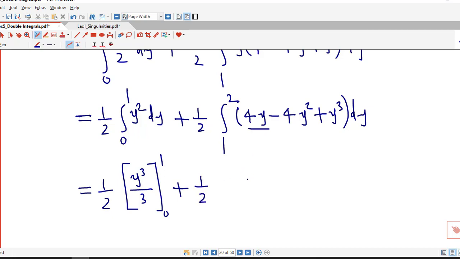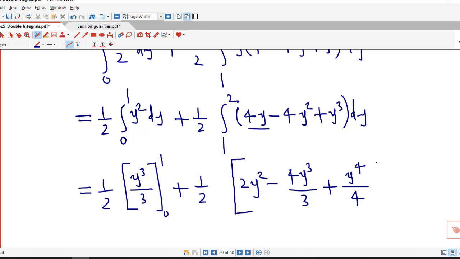Here we will have 4 into y square by 2, that is 2 will cancel out. Here we have 4 into y cube divided by 3 and plus y raised to 4 divided by 4. Y is from 1 to 2.